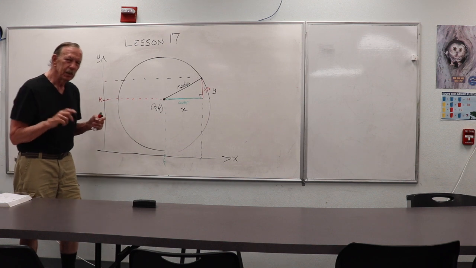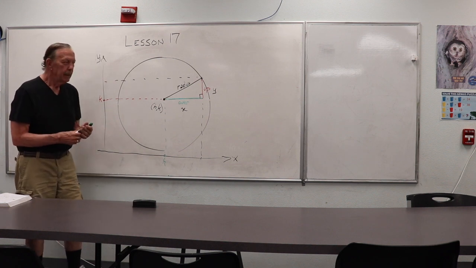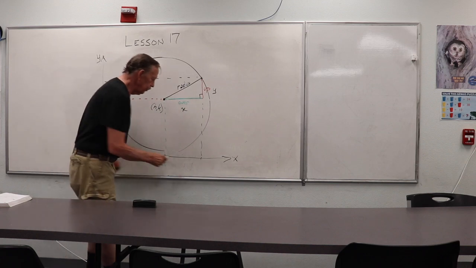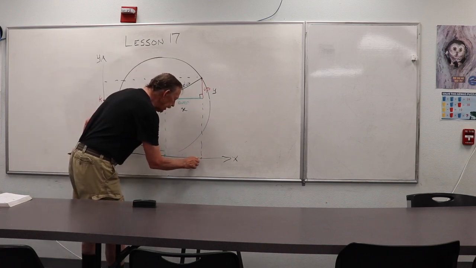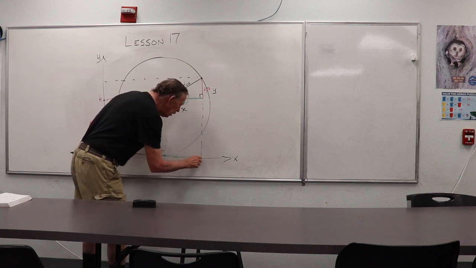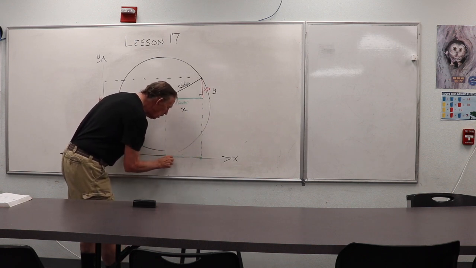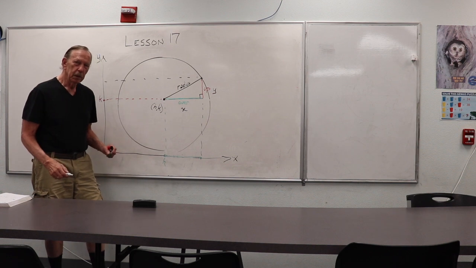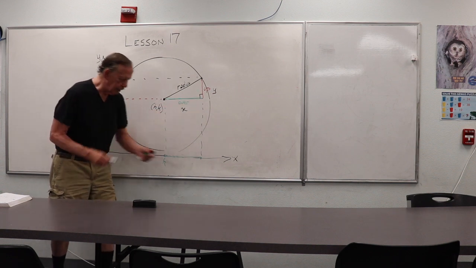Now let's see what that does for us. This green piece here, projected down onto the x-axis, is that piece. Well, that piece isn't x long.